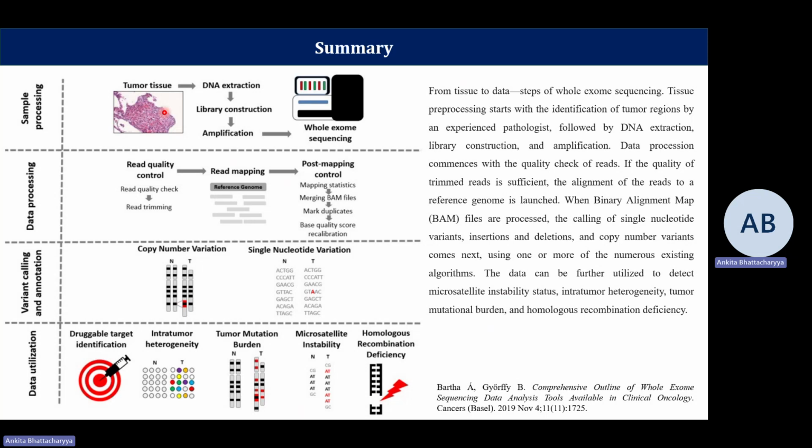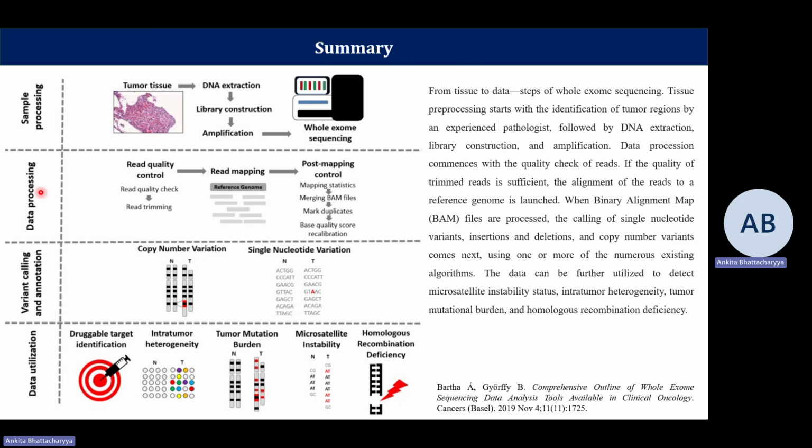From this you extract DNA, then you construct a library, which is what we discussed today, and after amplification, carry out whole exome sequencing. This is where we are. Now, after this, what you get is the data, and that data has to be used for analysis. This is what we'll discuss eventually in our upcoming classes.